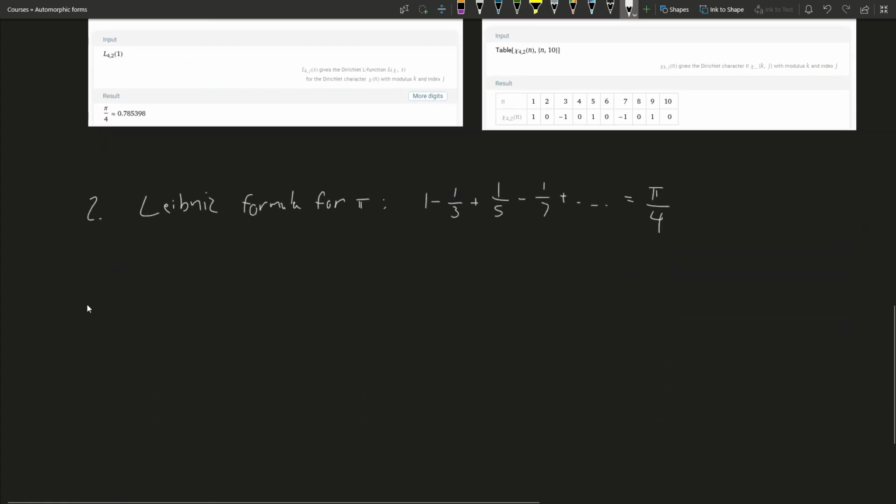So that also tells you that the value here is pi over 4. Now, the third way is, I think, the most interesting way. So the third way is using what's called the class number formula. And I can't talk too much about this because I don't want to talk about algebraic number theory.